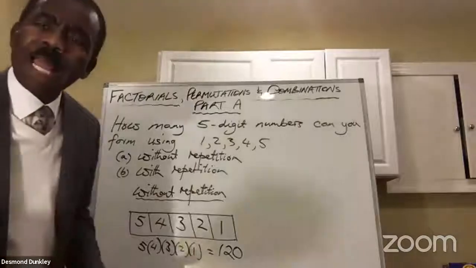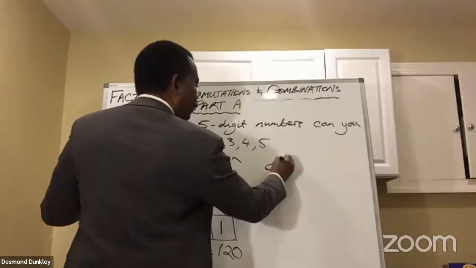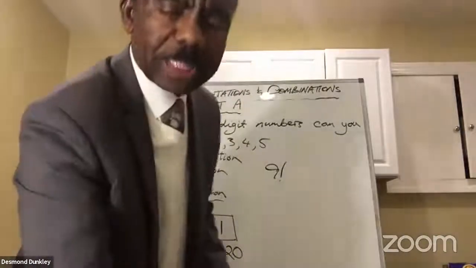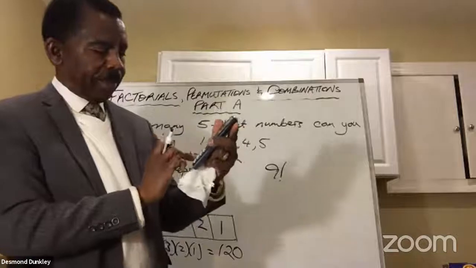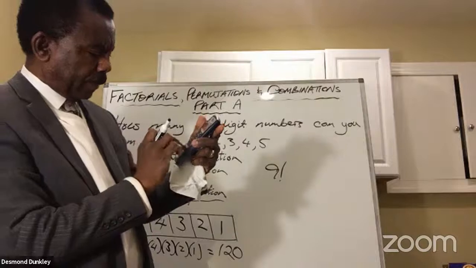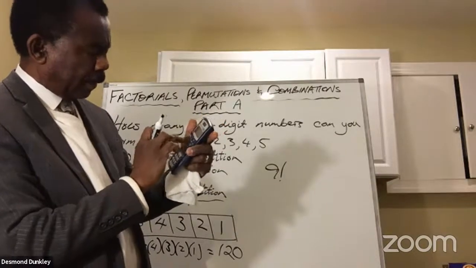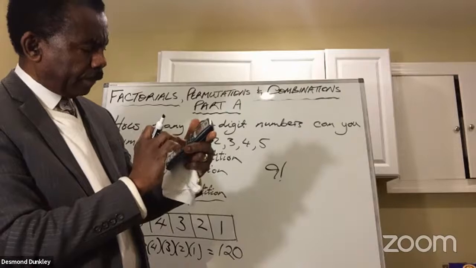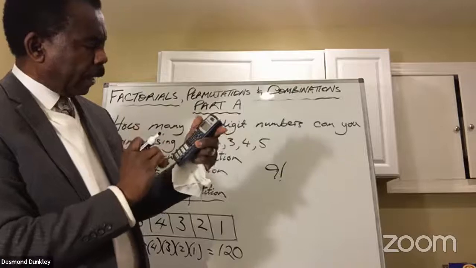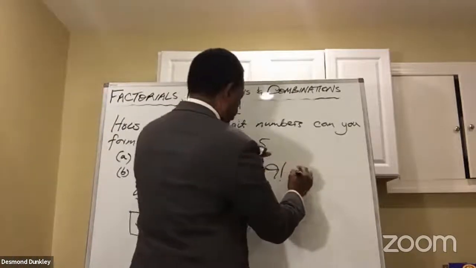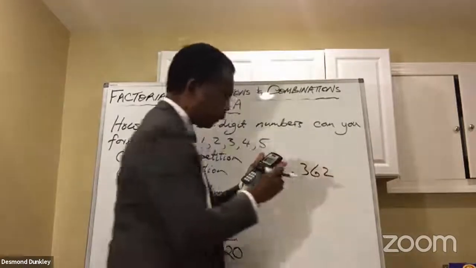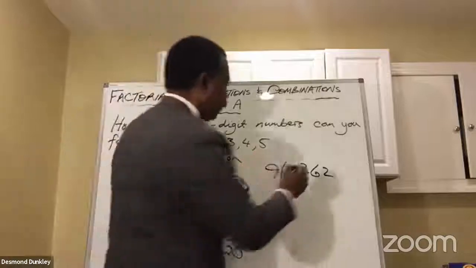In other words, if I ask you for 9 factorial, you don't have to go 9 times 8 times 7 times 6. You could just take your calculator, turn it on, and go 9, PRB, and you end up with 362,880.